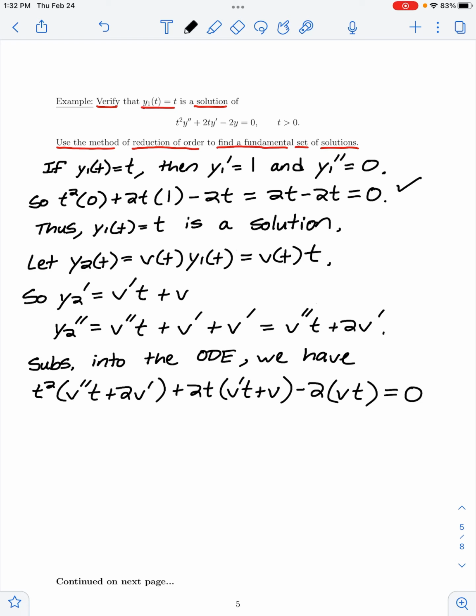So let's expand and group some like terms. If I distribute my t squared out in front, I have v double prime times t cubed plus 2t squared v prime plus, if I distribute my 2t, I get 2t squared times v prime plus 2tv. And then on the end, I have a minus 2 times vt, or 2 times tv, is equal to 0.